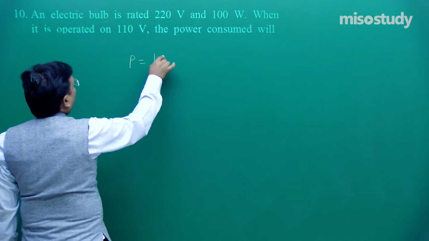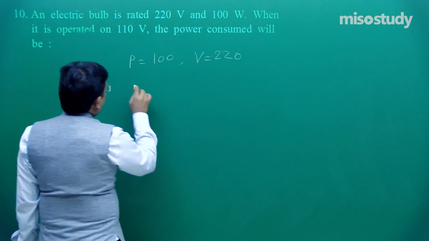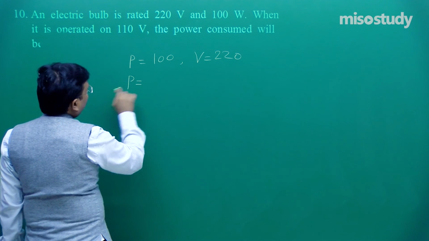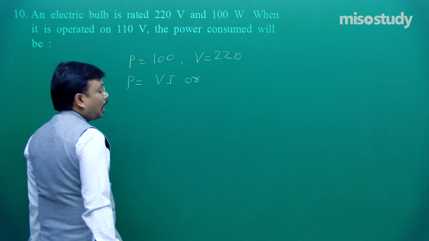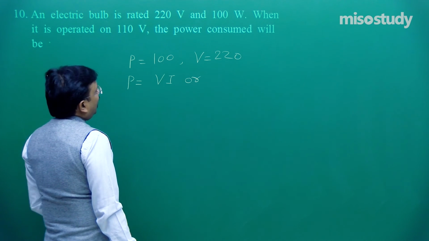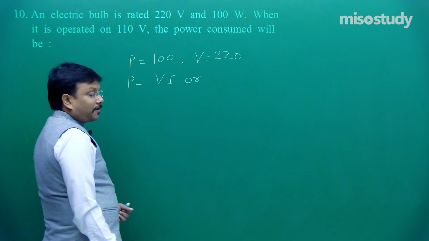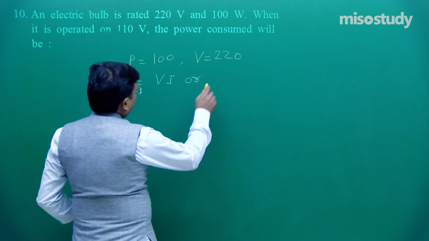P is equal to 100, V is equal to 220. So, P is equal to VI and V is equal to IR. Fine. So, from there I can calculate the value of resistance also, that is V square upon R.